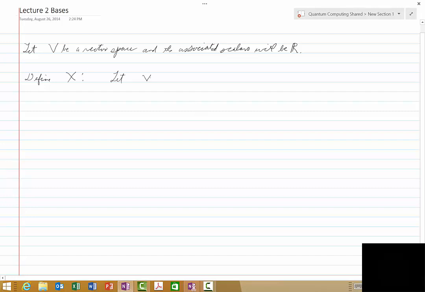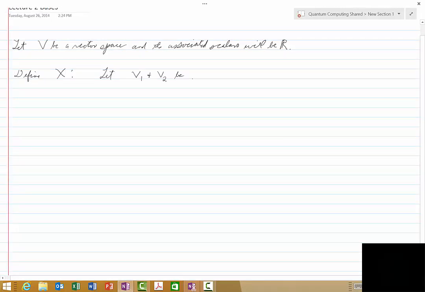Let V1 and V2 be two particular vectors.